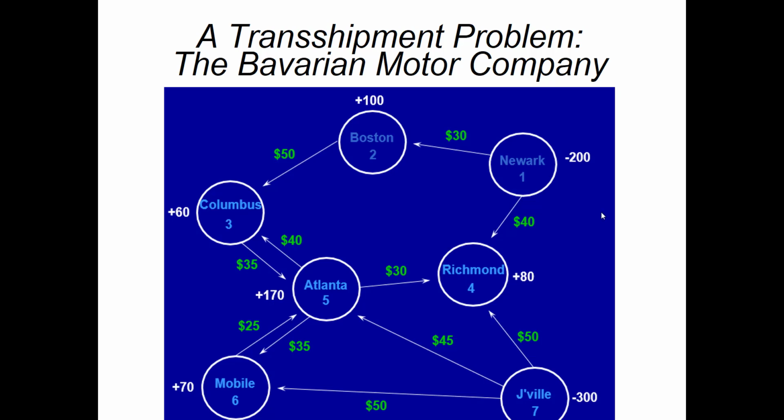Suppose this is an example about a specific company. We have several nodes: New York, which has been labeled as 1, and Boston as 2. Each of these circles represents a node, and most of the time we represent these nodes by numbers, so we label them from 1 to the number of nodes we have.